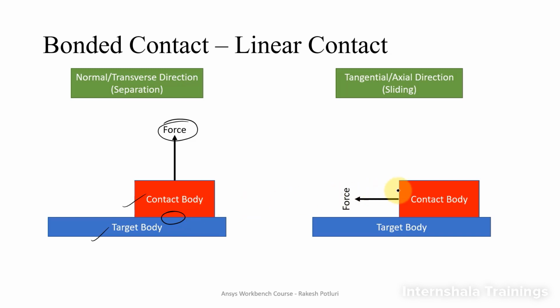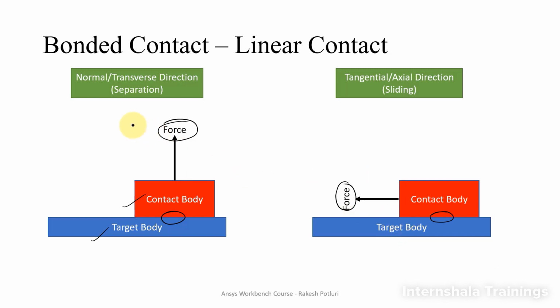Likewise, I have 2 bodies again, I apply the force in the tangential direction or axial direction, and I try to move this contact body over the target body. But remember, we have given a bonded contact. That means what will happen? This contact body cannot move on the target body.